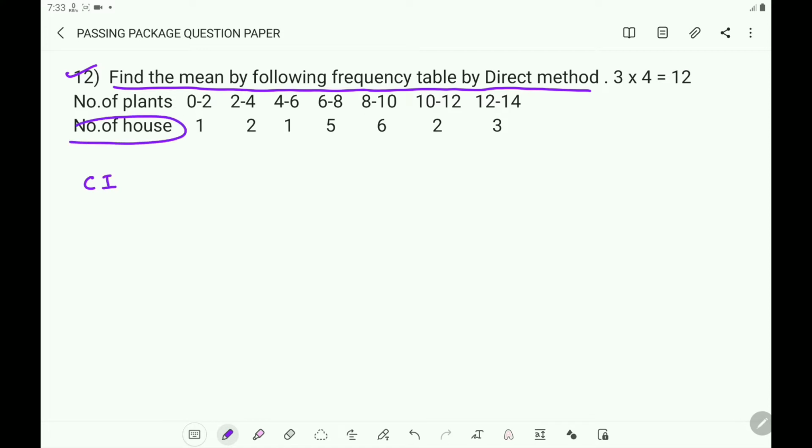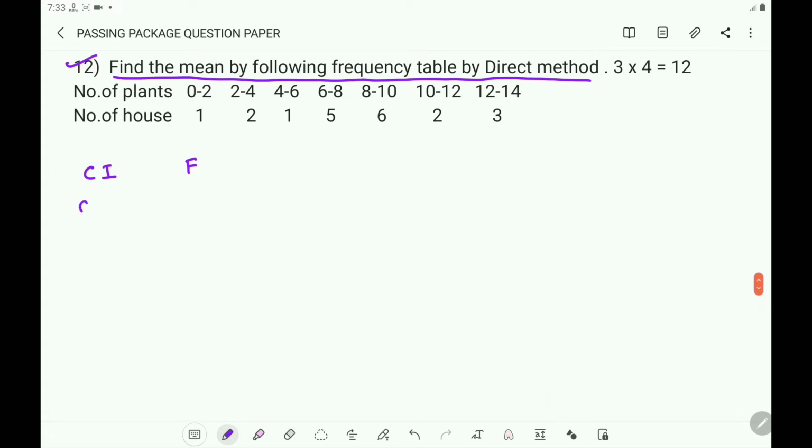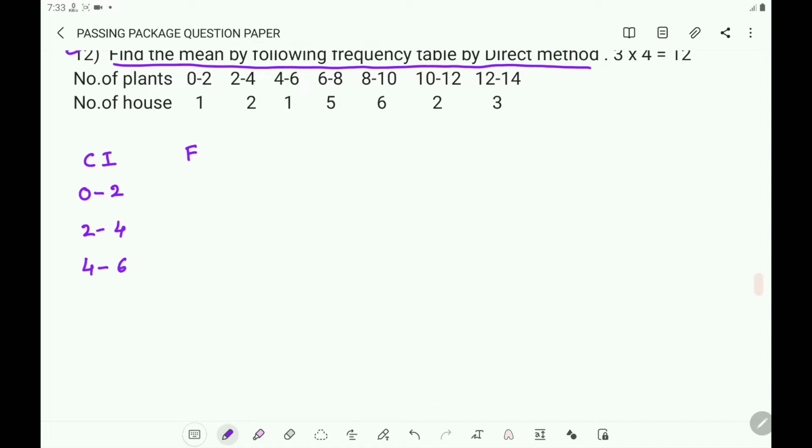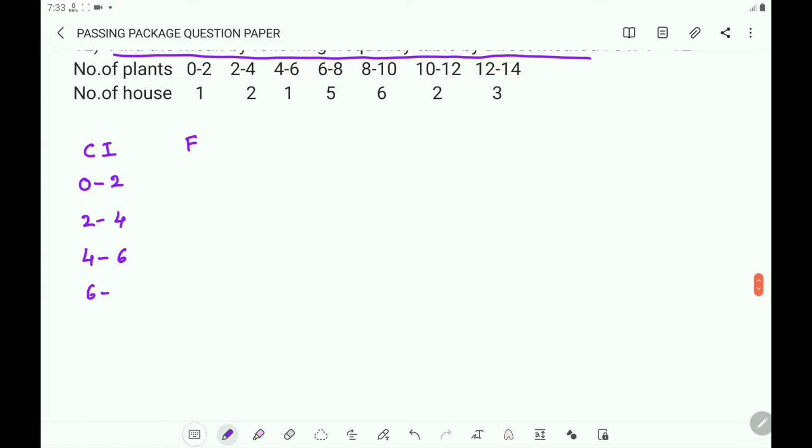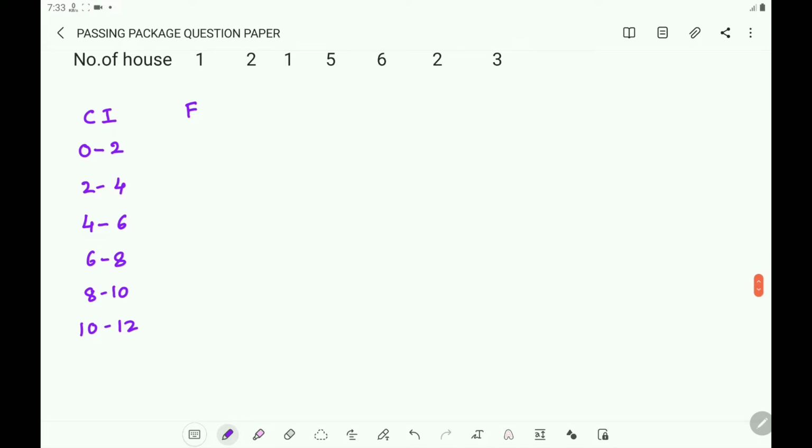And number of houses is nothing but frequency, so you take here F. Then you write here 0 to 2, 2 to 4, 4 to 6, 6 to 8, 8 to 10, 10 to 12 and 12 to 14.